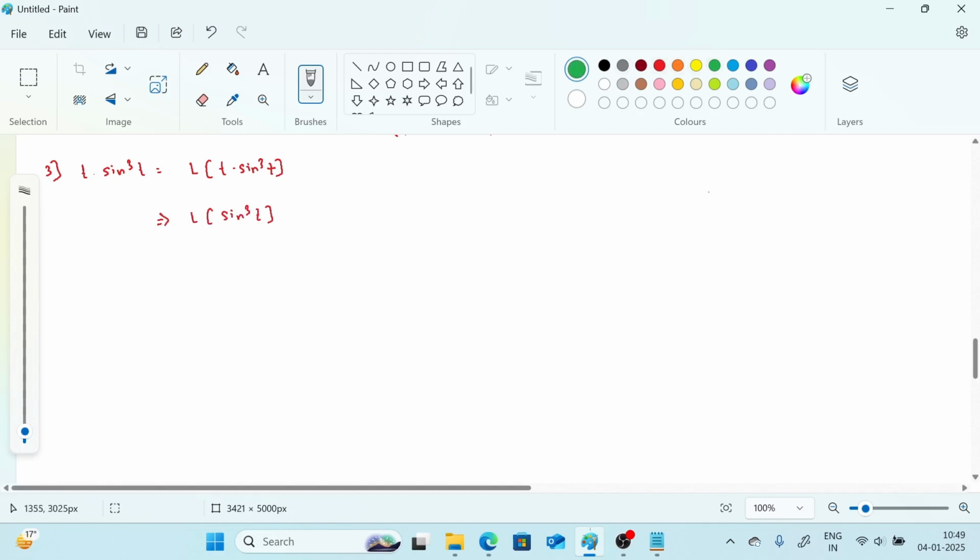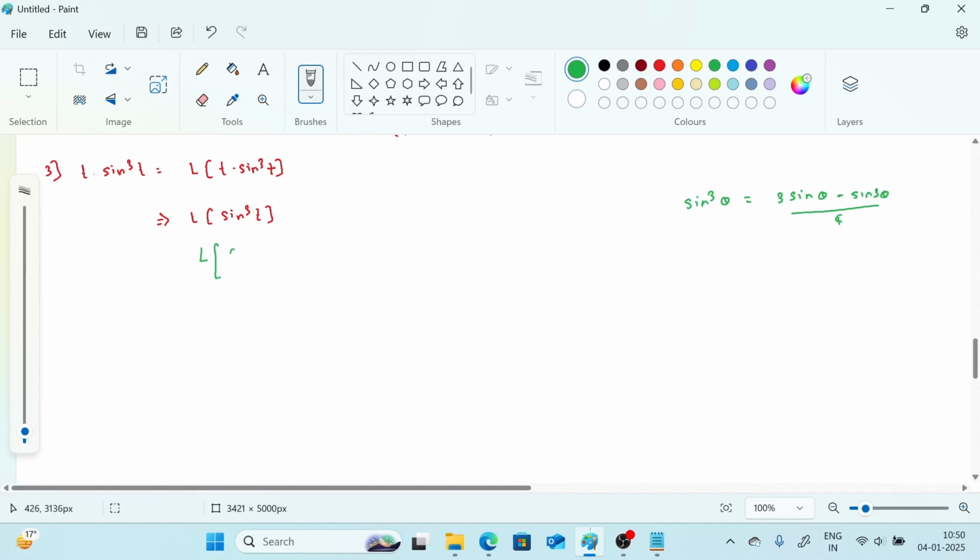In 11th and 12th standard, we have one standard formula. Sine cube theta is equal to (3 sine theta minus sine 3 theta) by 4. We are going to apply this formula here. So what I will get?